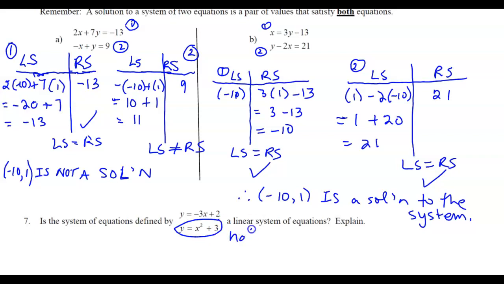Therefore, not a linear system. For a linear system, both of them have to be linear. That makes sense, right?